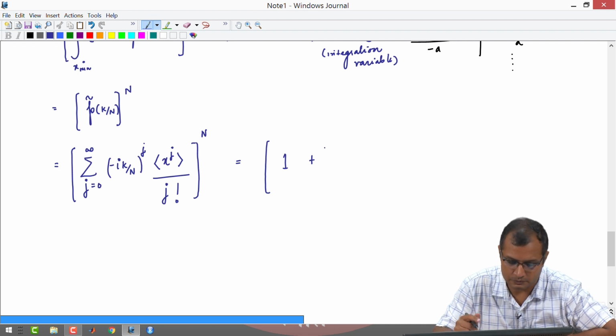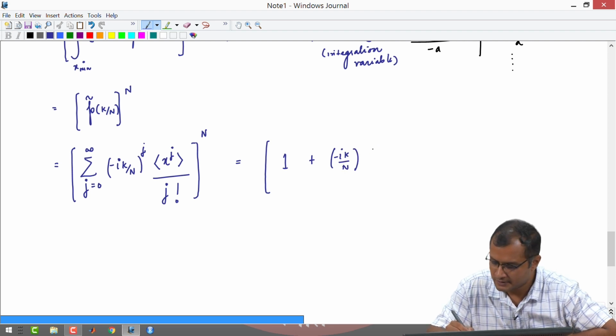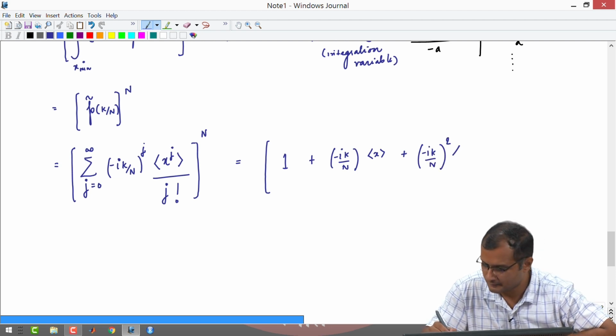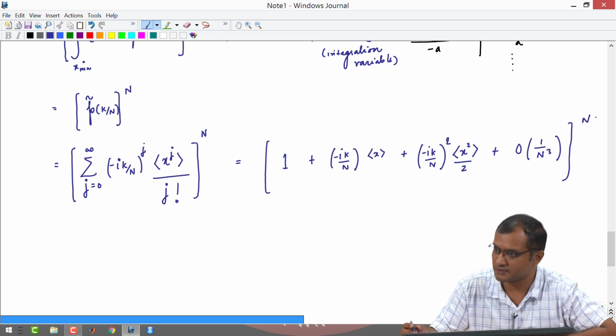For j equal to 1, you have minus of ik by n into mod x, and for j equal to 2, you will have minus k square by n square into second moment by 2, plus the third term that you have is basically of the order 1 by n cube. The entire thing is raised to the power n.